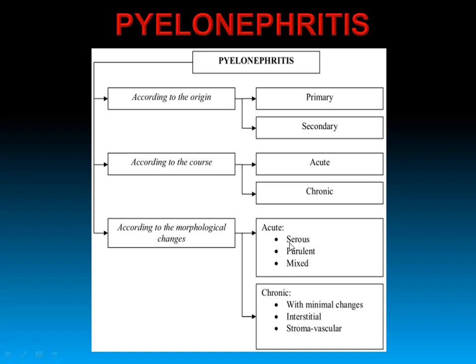In the majority of cases it's the purulent variant, because serous can be detected only within a few hours after the onset of disease, and purulent inflammation will be seen after serous. Chronic can be divided into pyelonephritis with minimal changes, interstitial, stromal vascular, and some other variants.